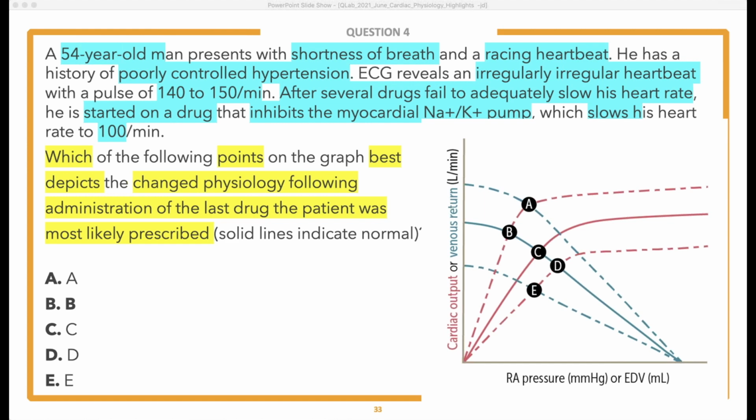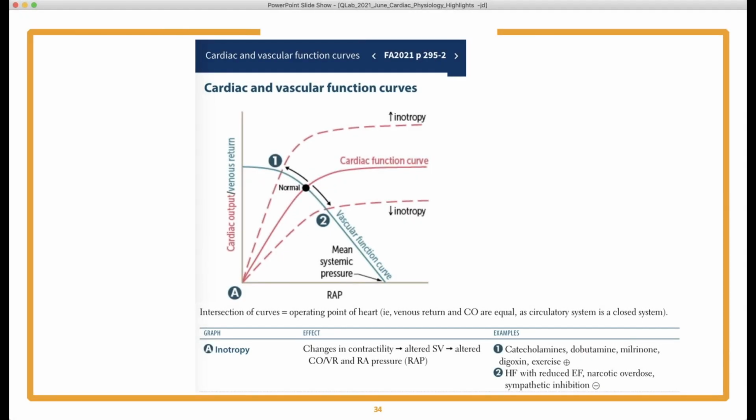Let's go ahead and take a look at the next slide. Sean has gone ahead and pulled up a table looking specifically at the description of these curves and the various changes that are laid out nicely in First Aid, okay? So you can see here, again, solid lines indicate normal, okay? Any change in inotropy should only affect the cardiac function curve, not the vascular function curve, okay?